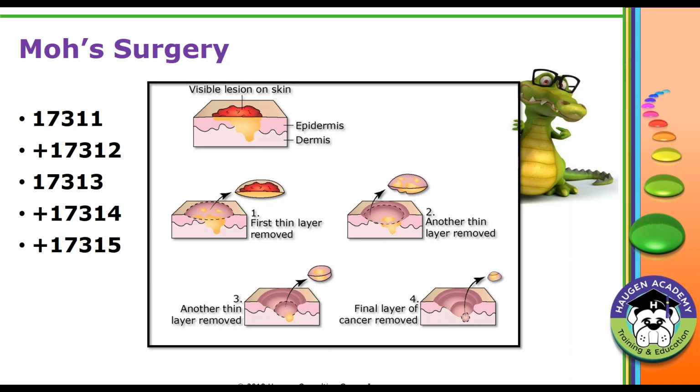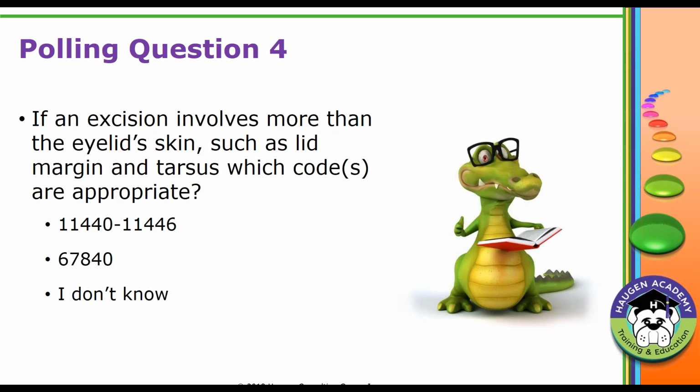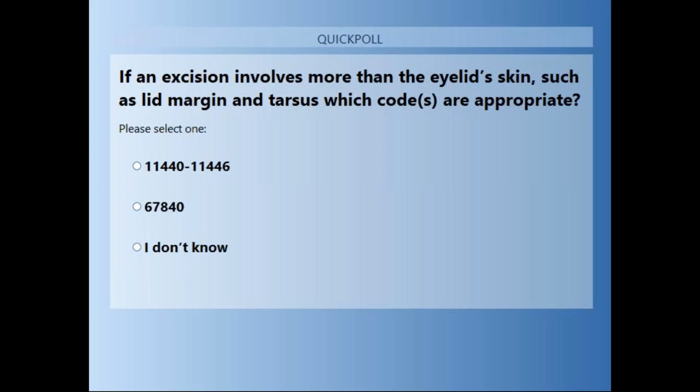And this brings us to our final polling question. Okay, for our last question, if an excision involves more than the eyelid skin, such as lid margin and tarsus, which code or codes are appropriate? Is it 11440 to 11446?